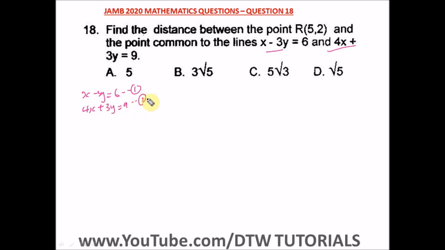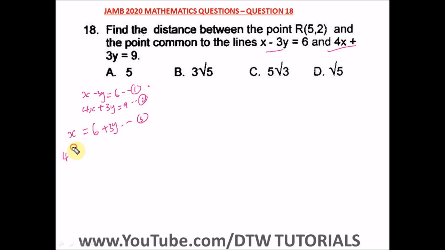Let's call that equation 2. And from equation 1, we can say that x is equal to 6 plus 3y. That is from equation 1. Let's call this equation 3. So what we're going to do in equation 2, we are going to substitute what we have in equation 3 for x. So anywhere we see x in equation 2, we put 6 plus 3y. So let's do that.